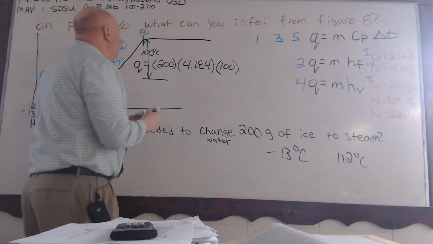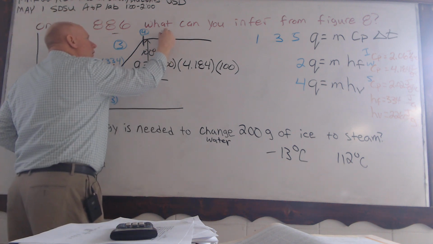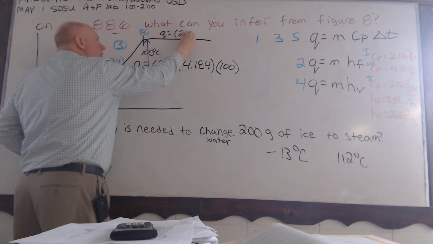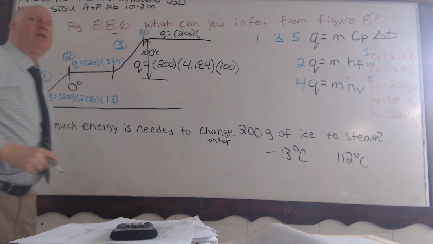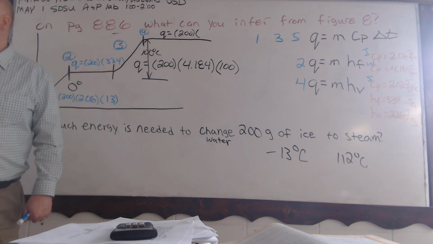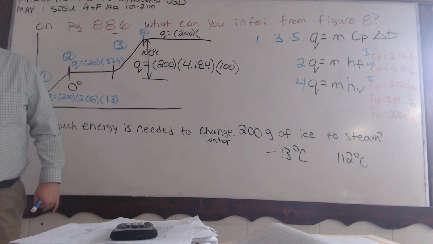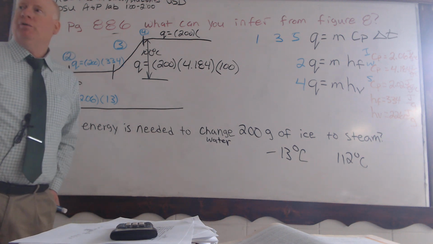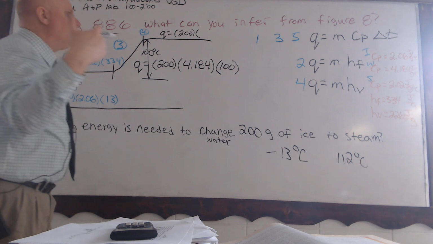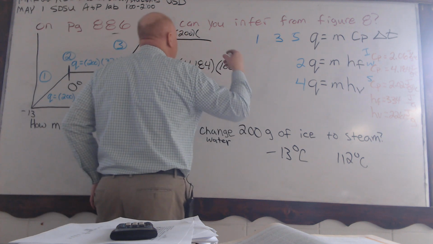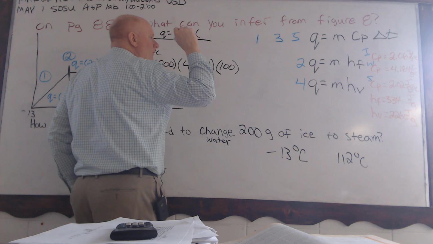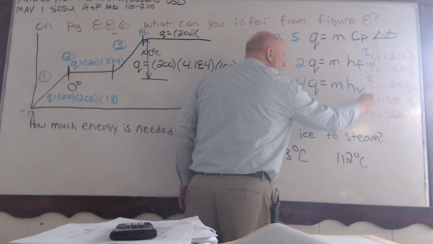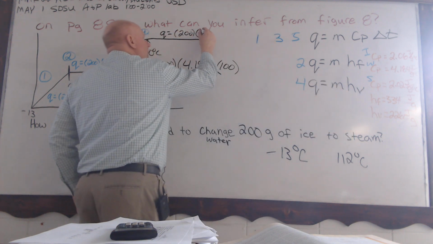Q again equals mass, which was 200 times, now we're starting to vaporize it, which means it's changing states from liquid, or excuse me, water to steam. And what is water's heat of vaporization? 2,260.